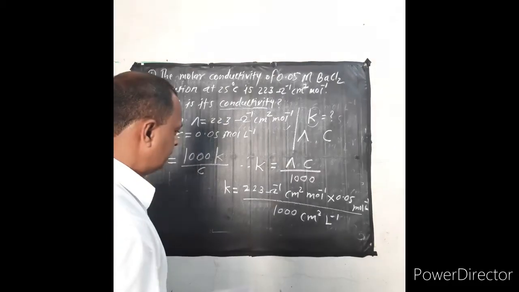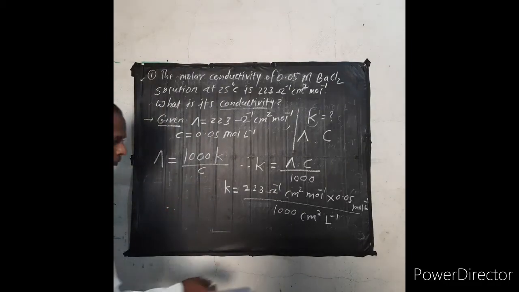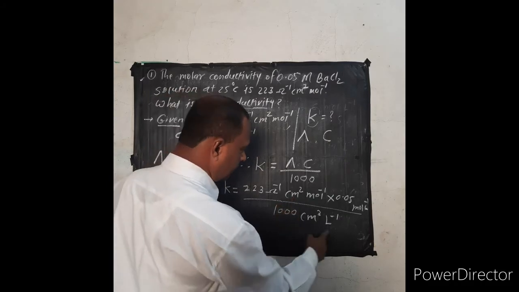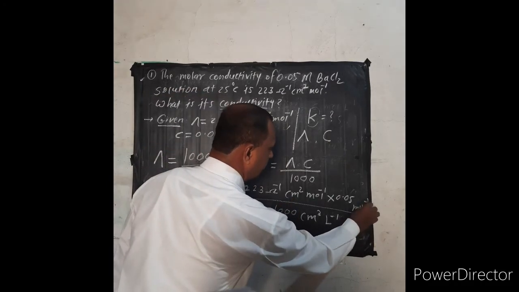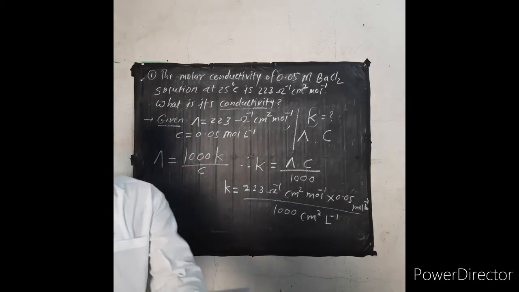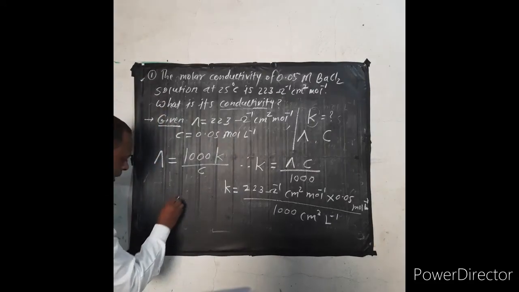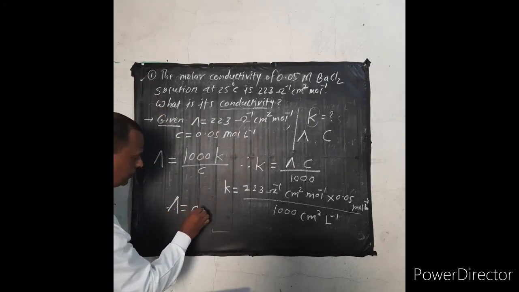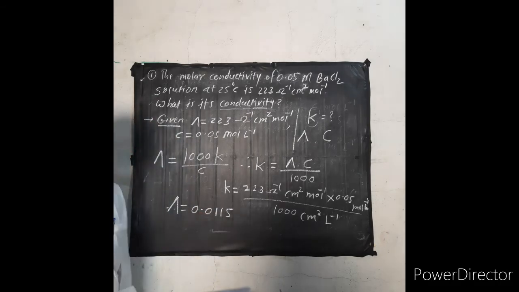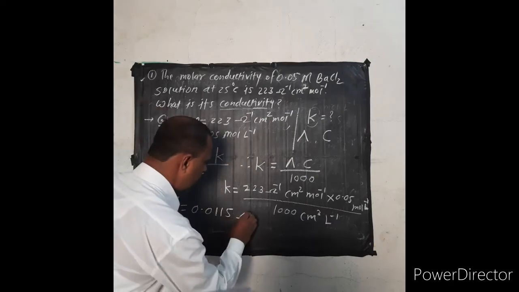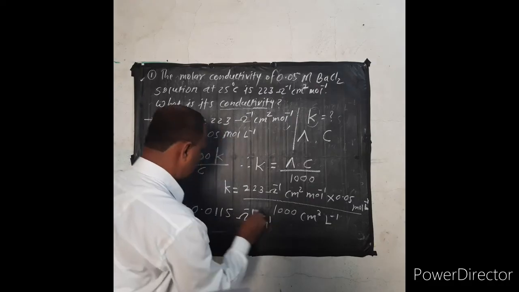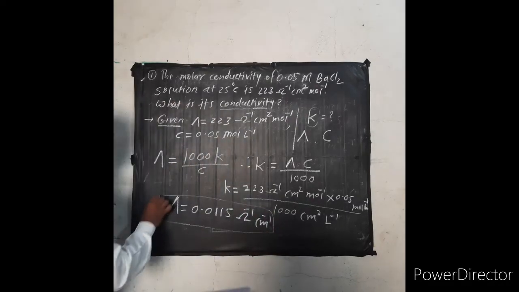Solving this, the liter inverse gets cancelled, and finally after solving the problem we get K equal to 0.0115 ohm inverse centimeter inverse. This is the final answer.